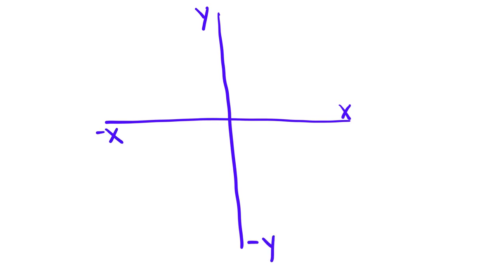We have 4 quadrants. We have a positive y, a positive x, but there's also a negative y and a negative x. We still have the origin hanging out in the center where they cross.